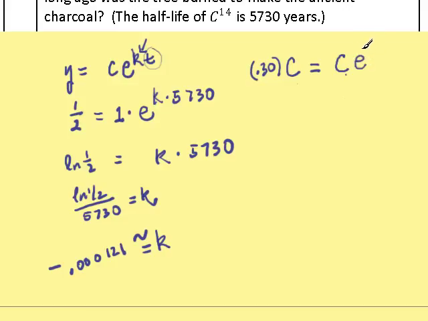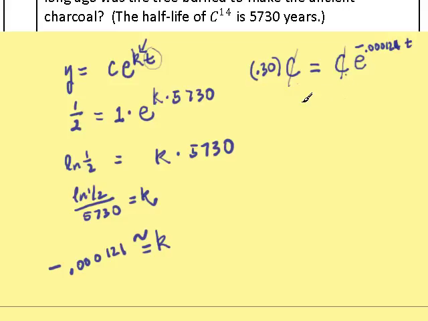So let's just write our exponential function with the k value that we found. And then we just have to solve this equation. Notice that we can divide both sides by c, so there's no need to find c to answer the question.